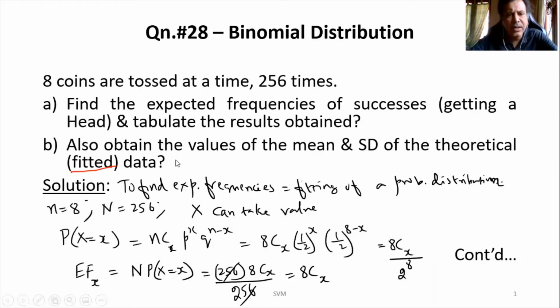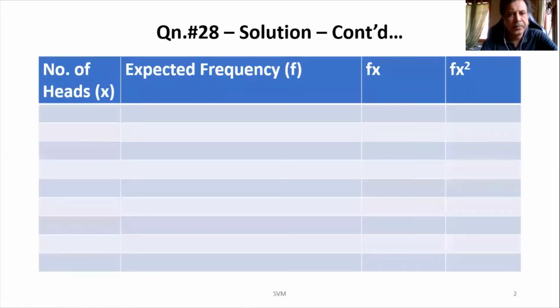All 8 coins can give me a tail, so 0 heads is possible. Another is 1 head, then 2 heads, 3 heads, like that. All the coins can also give me heads. So 0 to 8 are the values x can take. For each of these x values, we need to find the expected frequency. Let us go to the next slide.